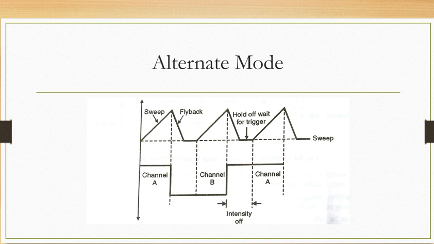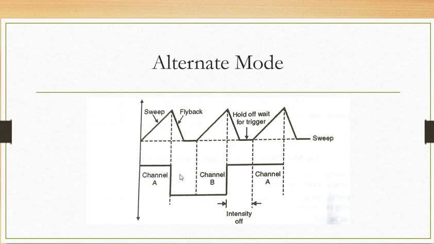But if you see, the changeover action from one channel to another takes place during the flyback or retrace of the sweep, okay. So here you can easily observe channel A for this sweep, and after that at the starting of this sweep you can observe channel B, but during this period the changeover action takes place, okay.